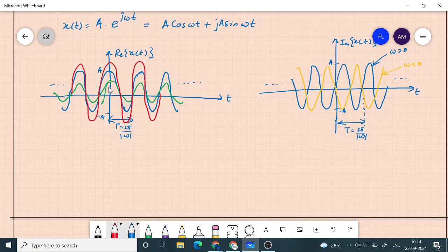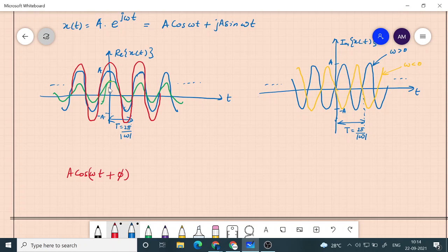The second way it can change is the phase. Phase means just shifting the waveform to the left or right. Here A cos omega t is the expression that I am drawing, and I talked about multiplying A with the modulus of H of s. Now I am talking about introducing a phase.